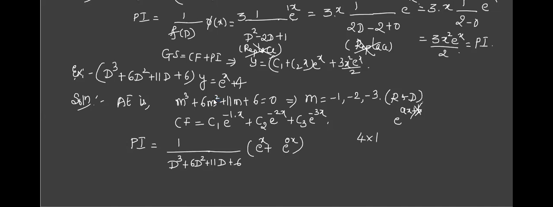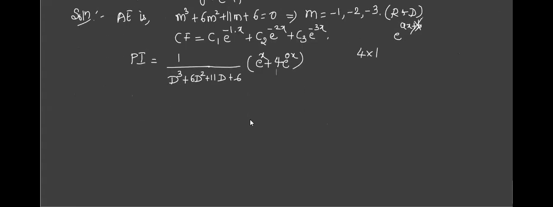Yes, 4 into e raised to 0x. Simple. If it is 1, e raised to 0x. If 9 is given, 9 into e raised to 0x. Hope understood how to write for the constant.